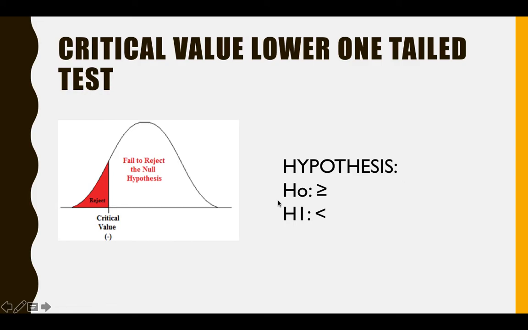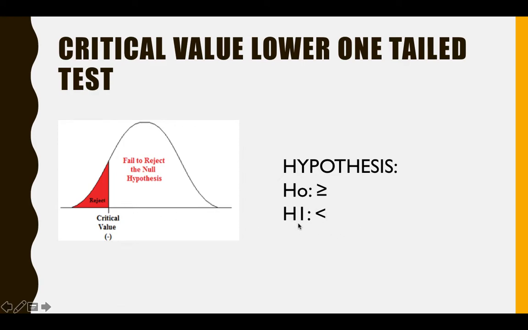So if you have a null hypothesis with a sign of greater or equal than and a research or alternate hypothesis with a sign of less than, then straight away you know that you should apply a lower one-tail test. Lower one-tail test has a rejection region on the left or on the negative side.